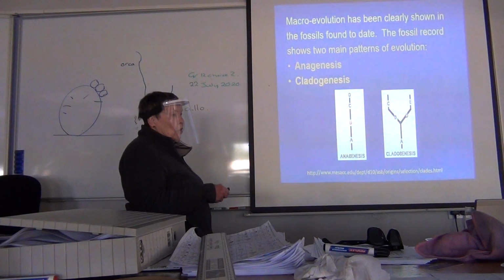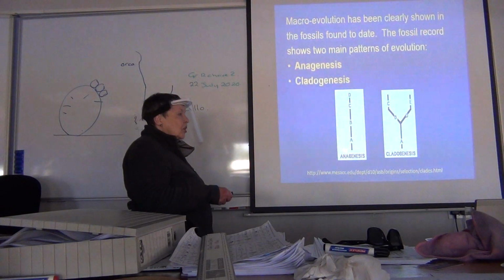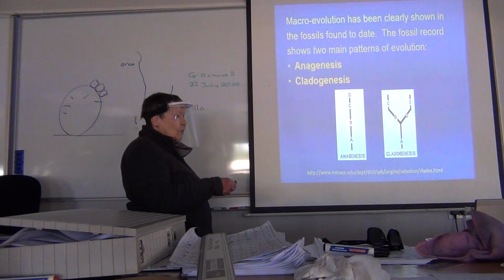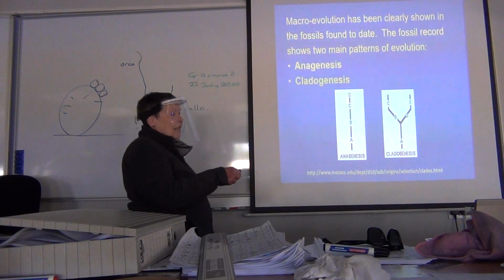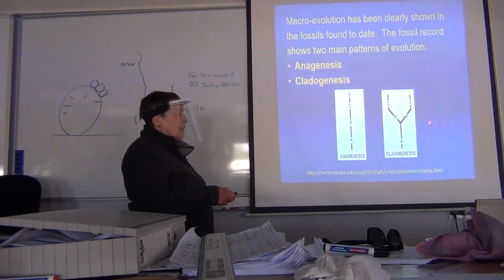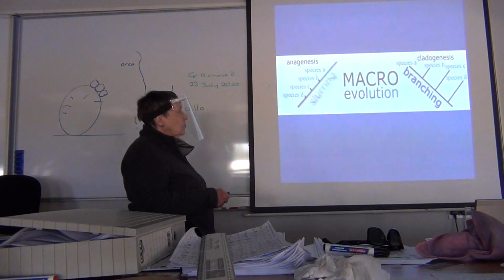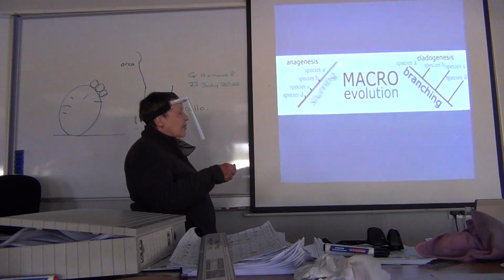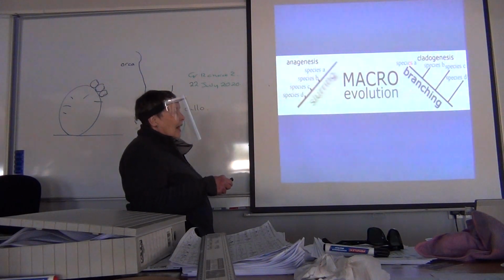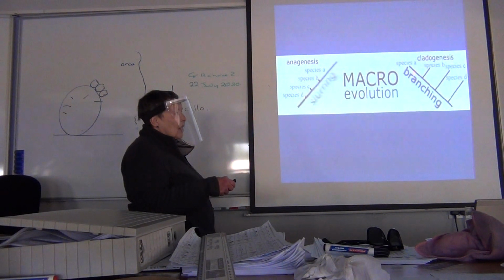For a time, both still exist, and eventually this no longer exists and becomes that species, which becomes that. Cladogenesis is a branching. So one species gives rise to two or more species. Anagenesis is a blurring kind of evolution, and cladogenesis is a branching kind of evolution.